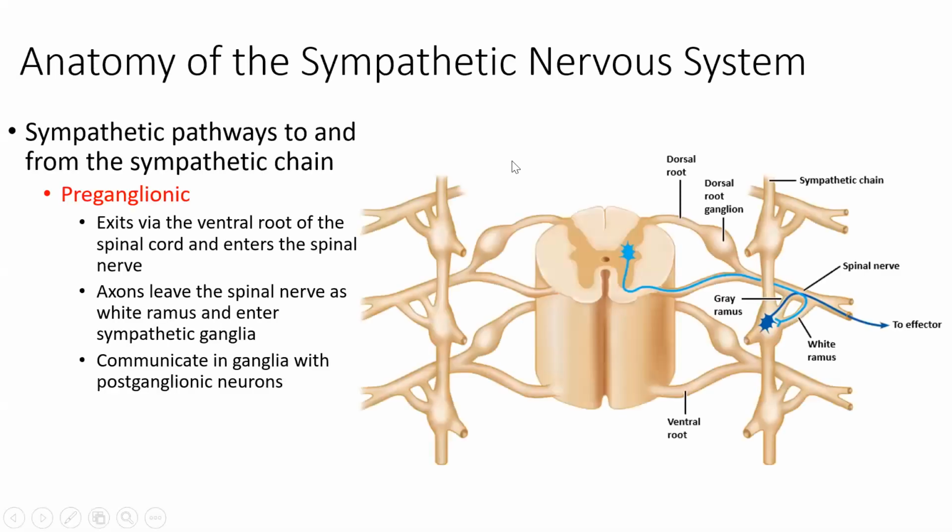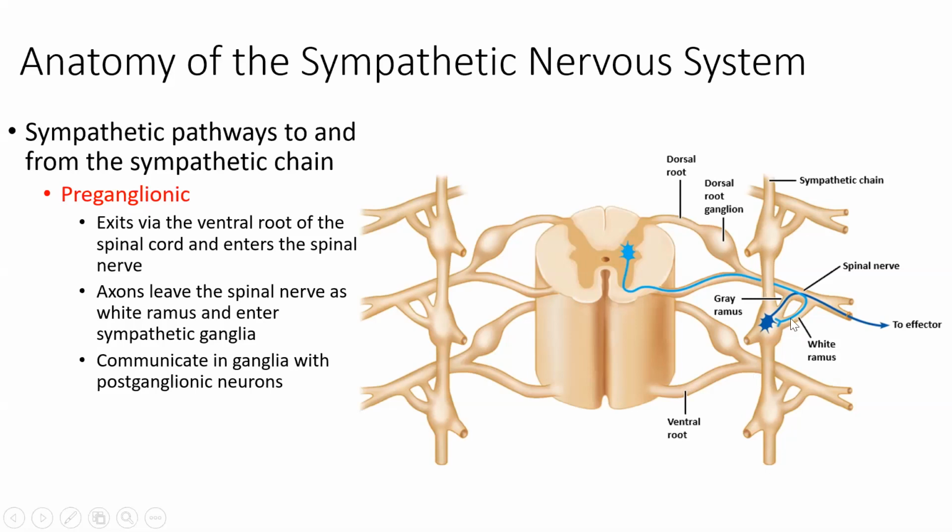Okay, so this is really just depicting what we just drew. So we've got our preganglionic neuron exiting via the ventral root, right? So it's going to use the ventral root as a means to get into the spinal nerve, but remember, it's coming from the lateral horn. It's going to get into that spinal nerve, and this lighter blue is showing it as a myelinated or white ramus fiber. It's going to synapse at this ganglia, which is a part of this sympathetic chain.